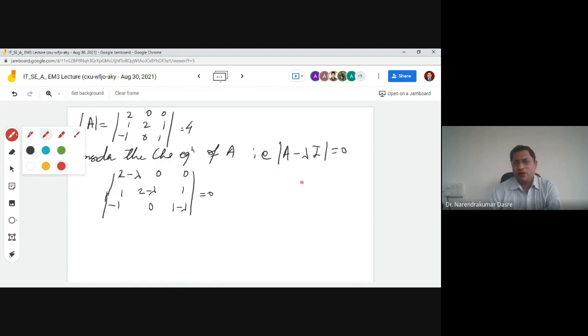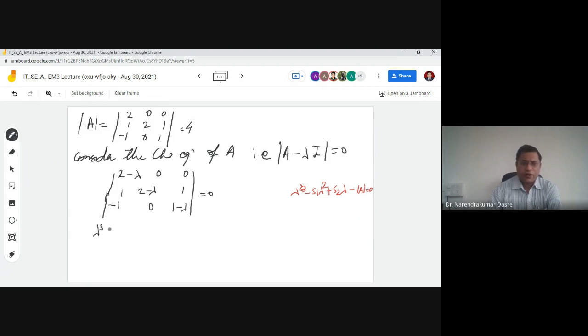If you remember the shortcut, it is lambda cubed minus S1 lambda squared plus S2 lambda minus determinant of A equal to 0. Using this, we'll find the polynomial and then go for factorization.